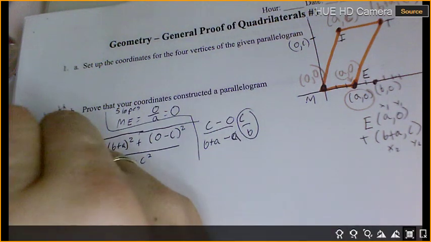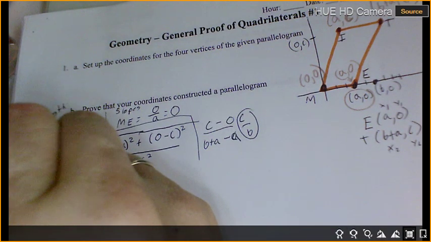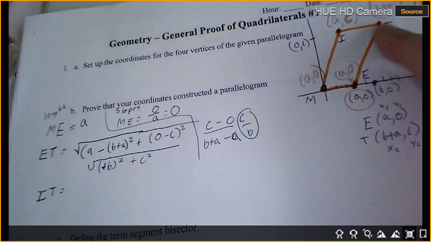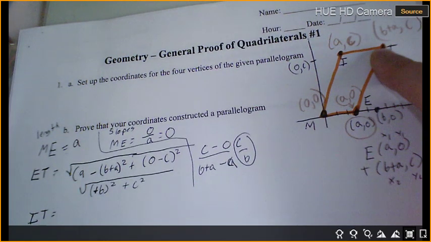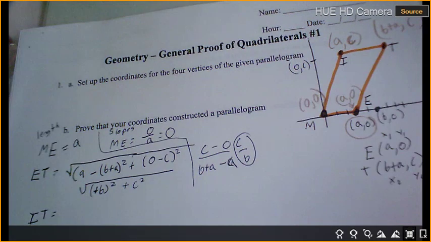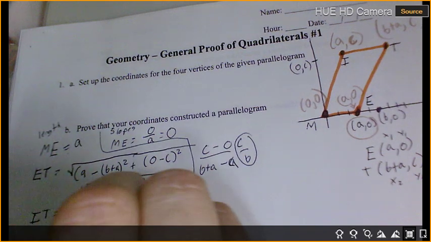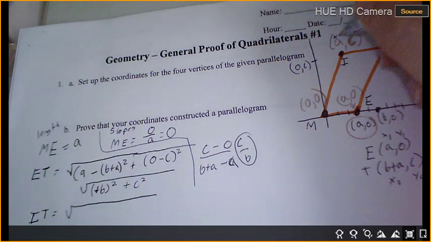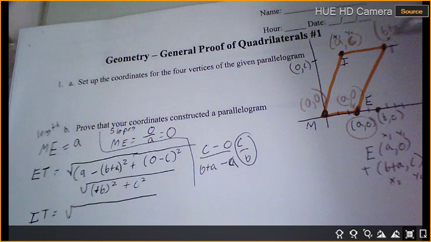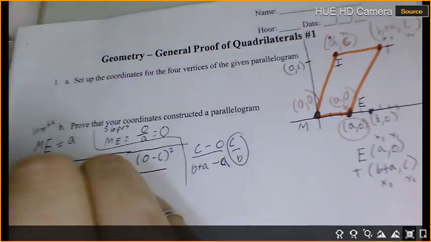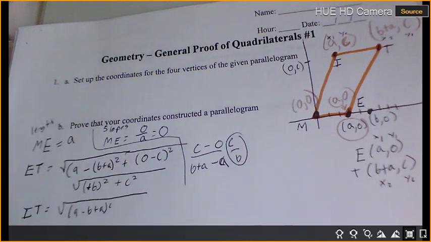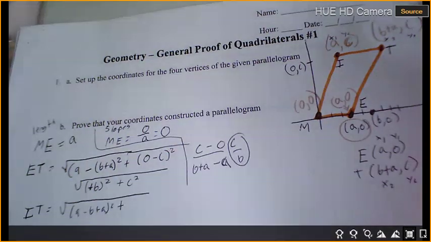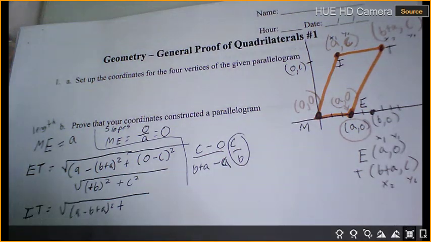Now we're going to do I to T. Look at the distance from I to T. We're going to do the distance formula again. This is x1, y1, x2, y2. So we go A minus B plus A squared plus C minus C squared.